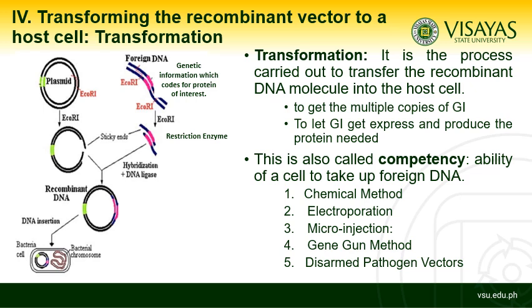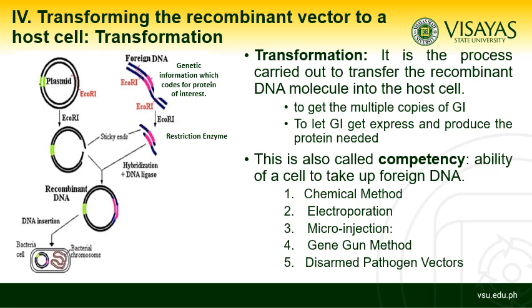Transformation is also called competency, or the ability of the cell to take up foreign DNA. Here we can see how good our host cell is. From my experience, we used multiple strains of bacteria because we want to look at the competency or the ability of that specific cell to take up foreign DNA.